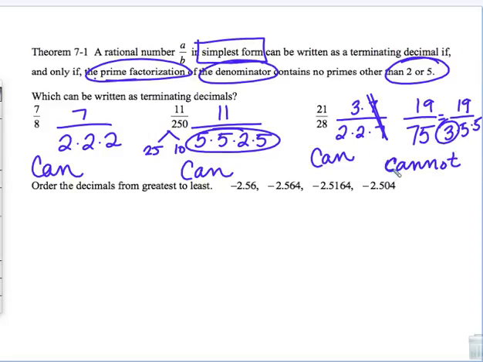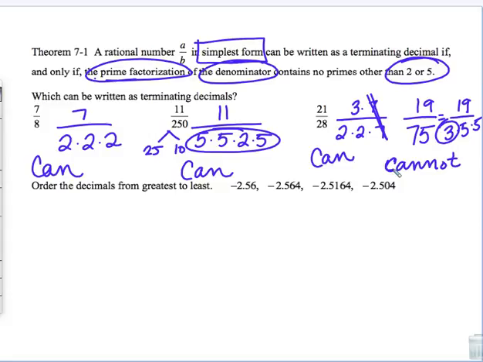All right, last example, it says write the decimals from greatest to least. I will give you some advice if you have this on your homework or quizzes or exams. If the negatives are throwing you off, you can remove those negatives, put them in order from greatest to least, and know that when you add those negatives back, it's going to completely reverse the order, because we know that a large negative number is really smaller than a small negative number.